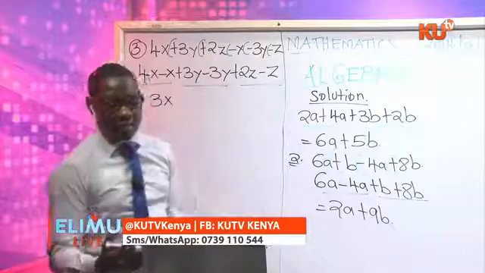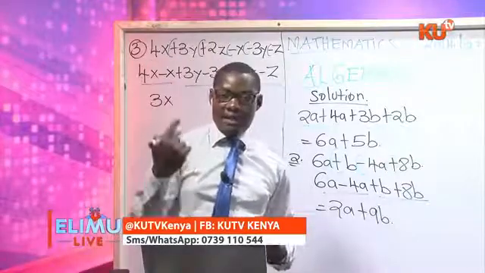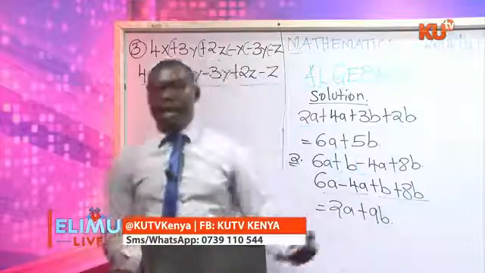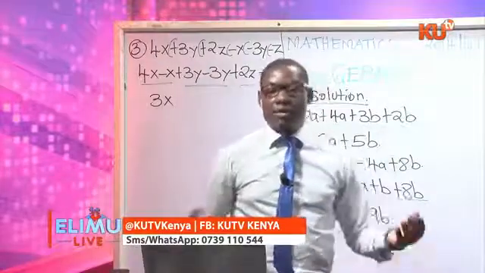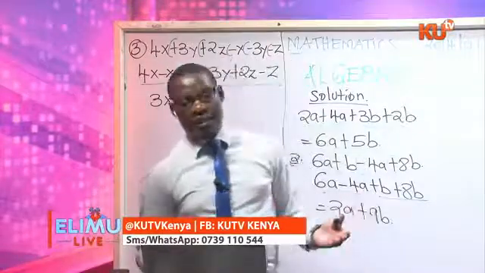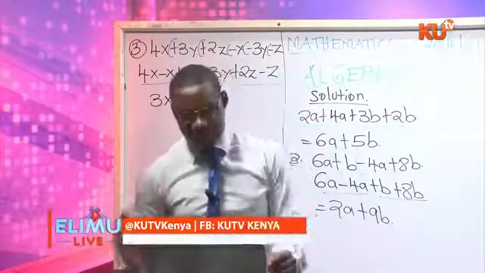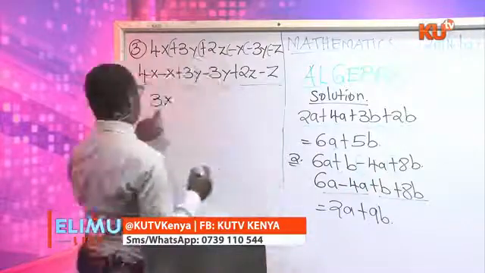X, remember, represents 1. When you see a letter standing on its own, it means it is 1. Instead of writing 1x, we write x. Instead of writing 1y, we write y. Instead of writing 1z, we write z. So when you see x, that means 1x. So 4x minus x, we get 3x.